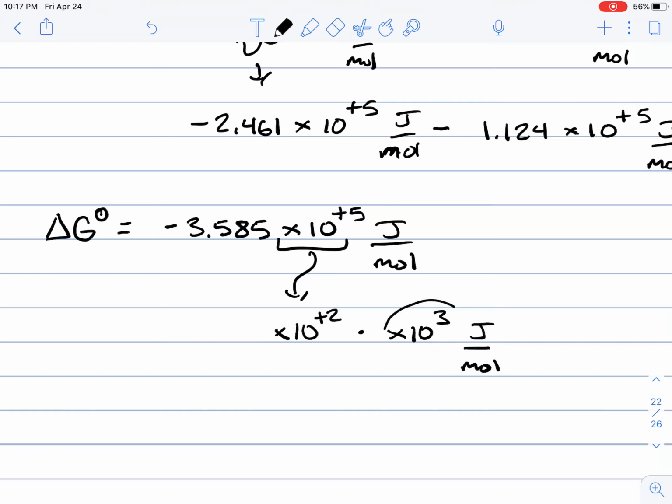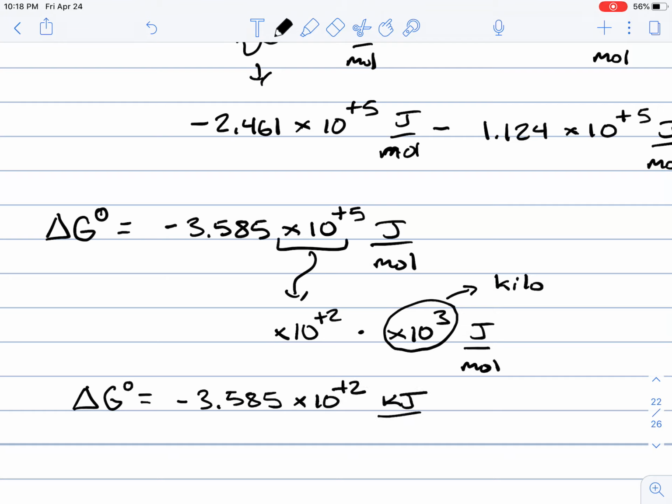The reason why is because this times 10 to the positive 3 equals 1,000, which is a kilo. And so I can write my final answer as negative 3.585 times 10 to the positive 2 kilojoules per mole.